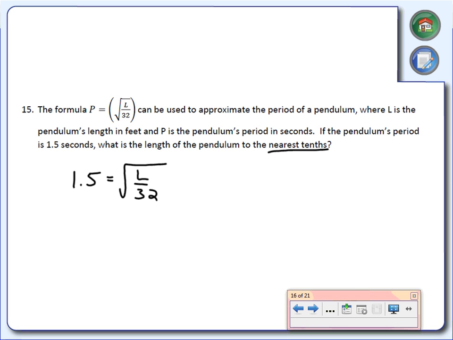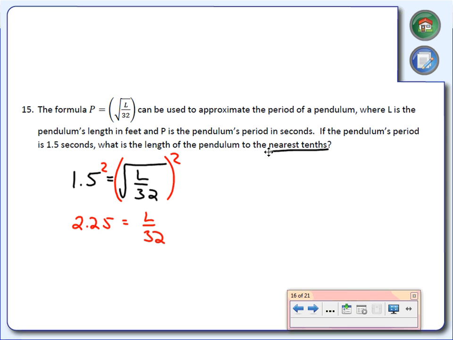All right, so here we go. To get rid of the square root, we're going to square both sides first. So if I square 1.5, 1.5 squared is 2.25. And that's going to be equal to L over 32.